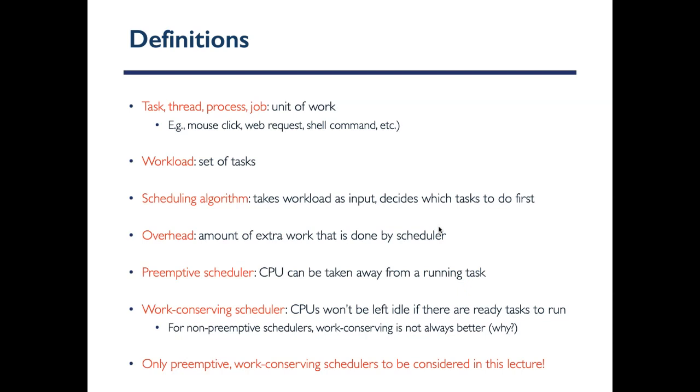So in the case of non-preemption, I probably want to wait and waste CPU, not allocating CPU time to any other task, even if I have them, for, in this example, a high priority task to come and start running. Okay, so in this lecture, unless otherwise stated, we're going to just focus on preemptive and work-conserving schedulers.